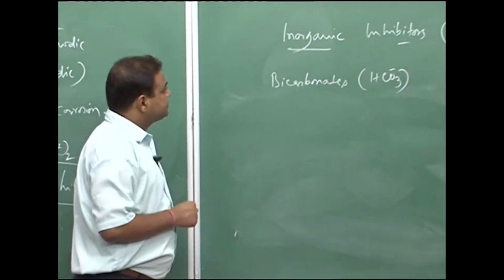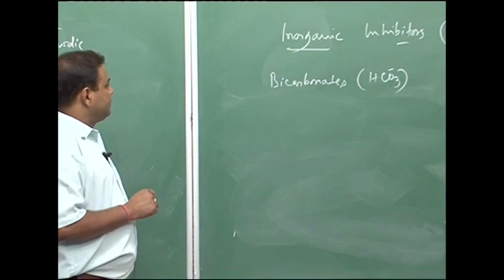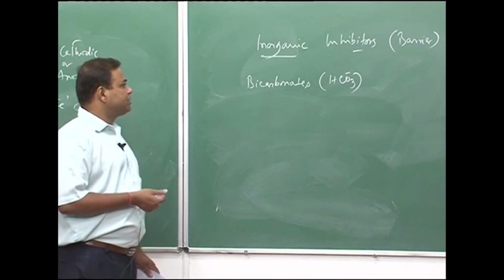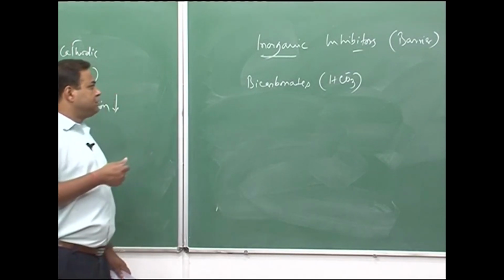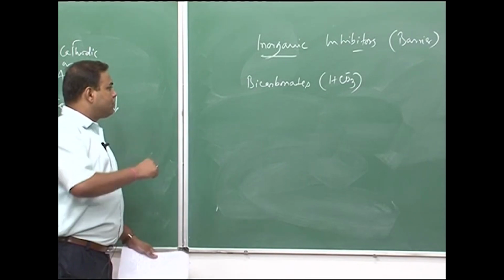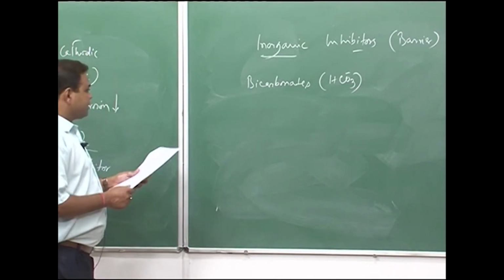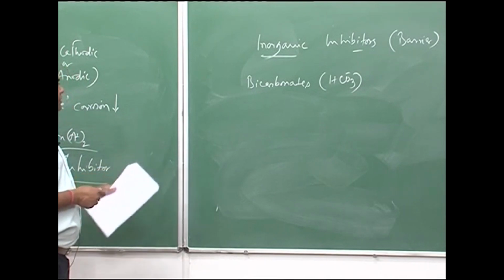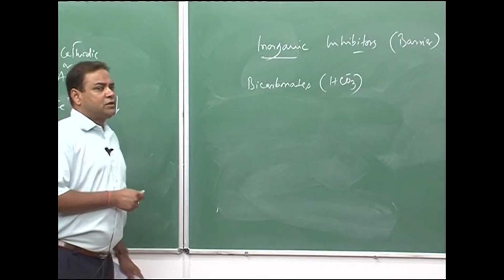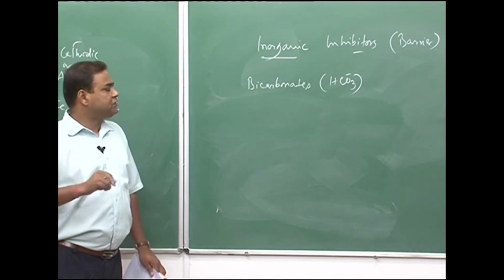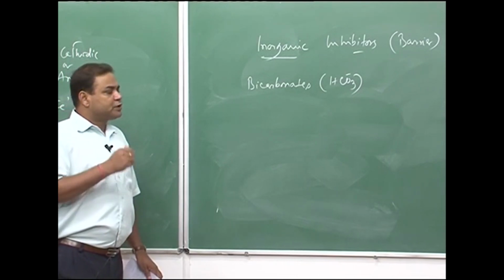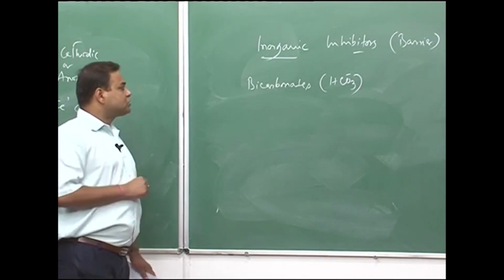So, inorganic inhibitors which are barrier forming are added so that they can react and form some insoluble product on the metal surface. For example, if we have bicarbonate, iron bicarbonate can form and protect the metal surface in case of alkaline medium, or we can have phosphate which can react with iron to form iron phosphate, and that iron phosphate can form an insoluble protective layer and then prevent corrosion.